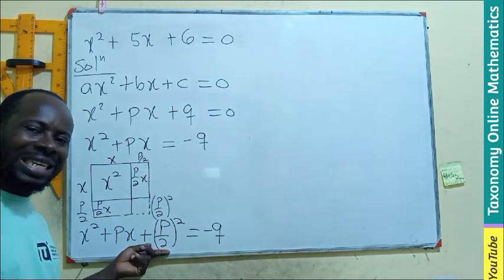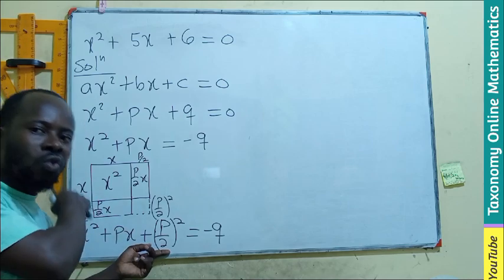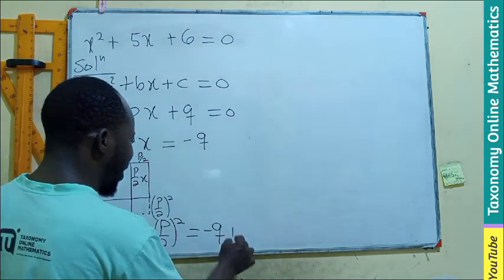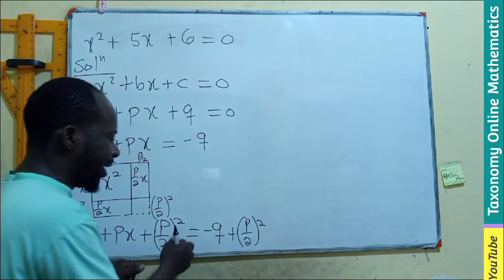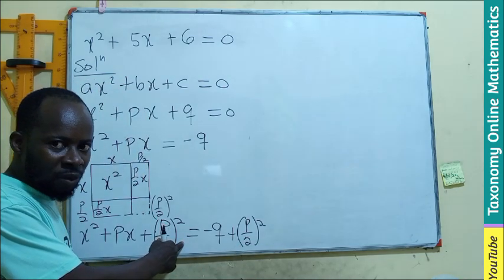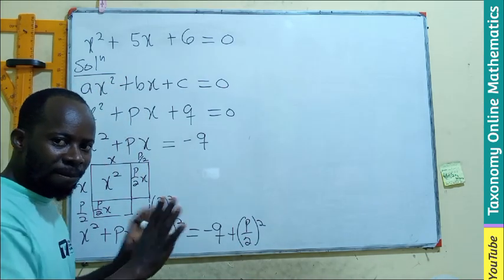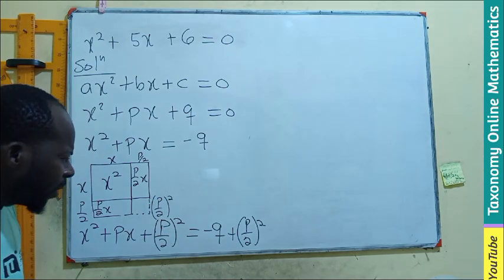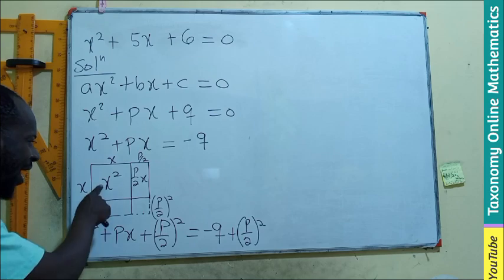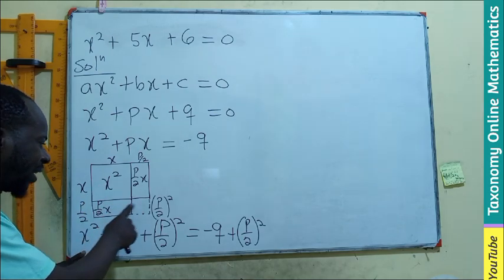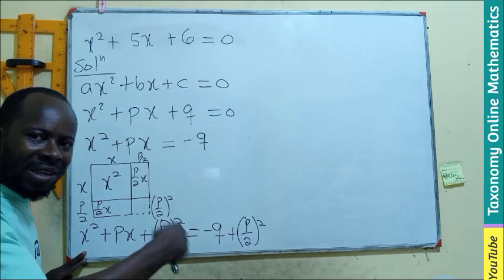So if I've added this value to complete the square on the left, that value must be added to the other side also to maintain the equilibrium of the equal sign. I guess we are good to go. All right. Now, if you look at this, what is this? This is the area here plus this plus this plus this, all of this, which is the same as the square.